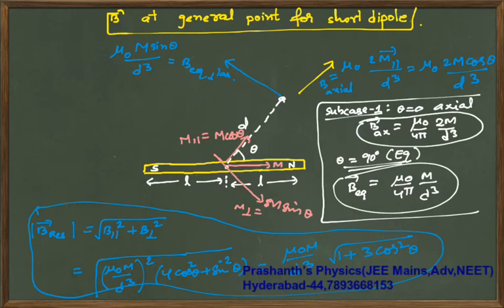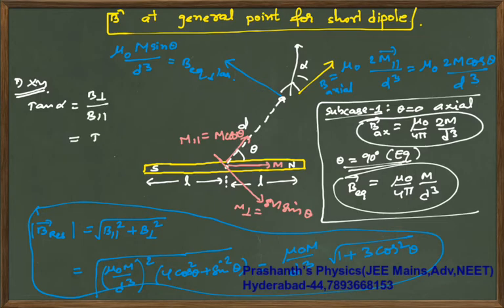Now with this, your general ideas are done, and it is exactly similar to your electric dipoles. You can watch the electric dipole lecture and then get to understand. Now coming to your resultant, these two are exactly perpendicular. If this angle is alpha, then for the direction of the resultant, tan alpha is equal to B perpendicular by B parallel.